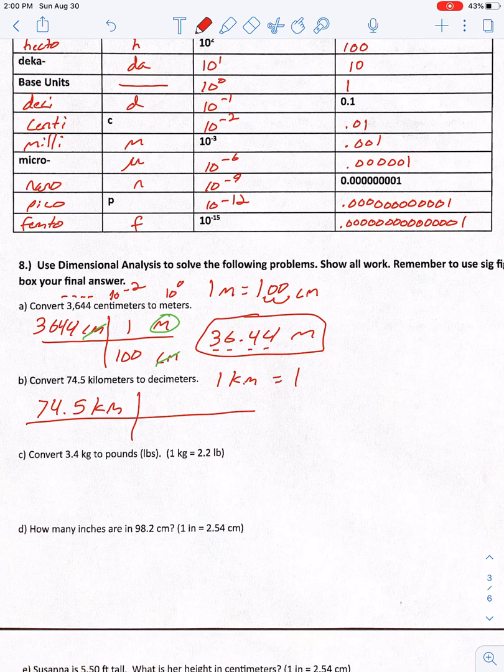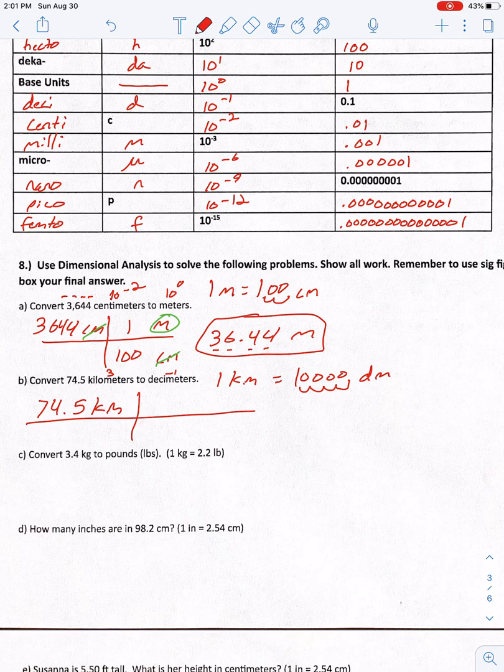So kilo is 10 to the third power. Deci is 10 to the negative 1. So that means I had to go to the right by 4. 1, 2, 3, 4. So I'm going to fill in my zeros. 1, 2, 3, 4. So there are 10,000 decimeters in 1 kilometer.